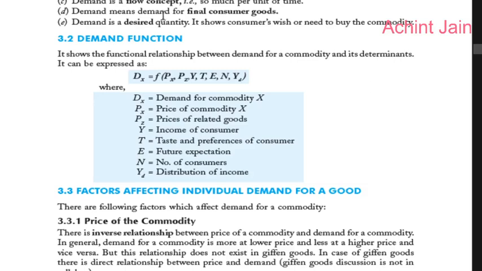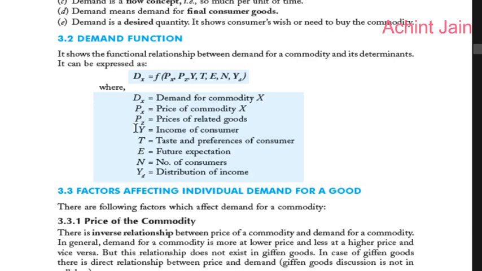Now in that equation, Dx is equal to a function of Px, Pz, Y, T, E, N, Yd, etc. Here Dx means demand for commodity x, where x is any product. Px is the price of the commodity, because that is the willingness.